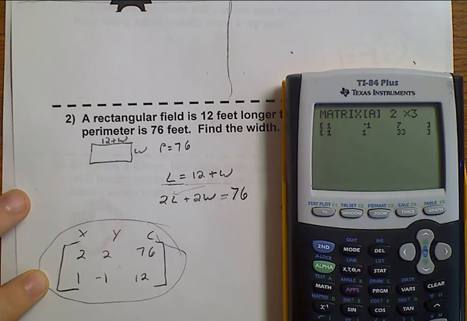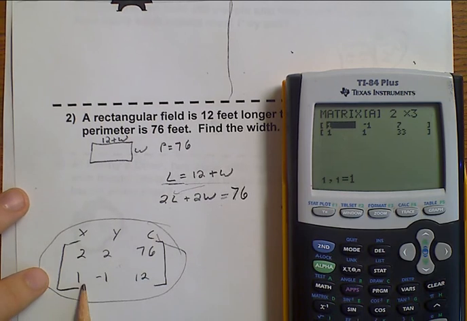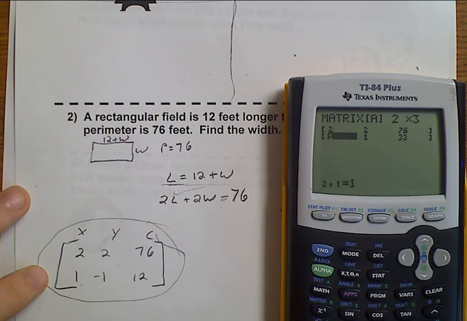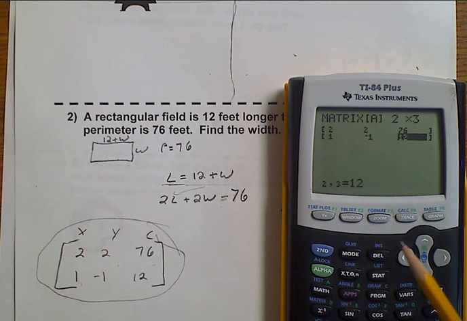And now we still want it to be 2 by 3. And we're going to make this matrix match this matrix. So we know that it's 2, 2, 76, and 1, negative 1, and 12. Make sure that this one matches this one. Double check. It does. So we move on.